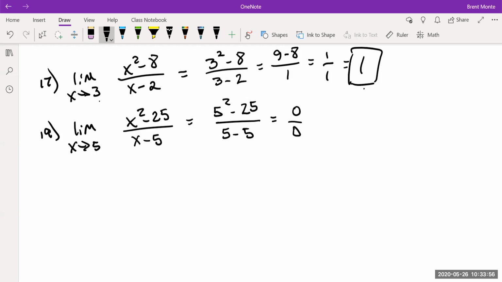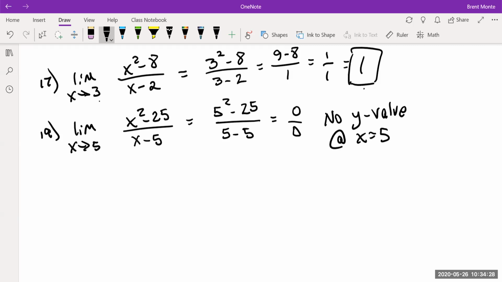But here's what happens. If both the top and the bottom are 0, whatever's making the bottom go to 0 also made the top go to 0. The 0 over 0 doesn't mean that the limit doesn't exist. It just means there's no point on the graph at x equals 5. So no y value at x equals 5.